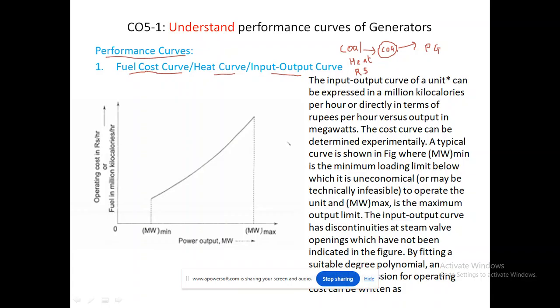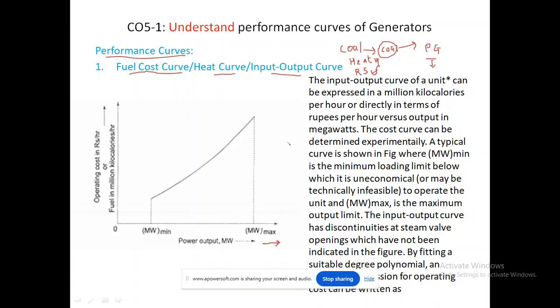How many rupees of coal are required to generate a particular amount of power? So the heat generated after the coal is burned, or the cost of the coal that has to be given to the thermal power plant for the particular power generation, is the input, and the output you can take as the electrical power.